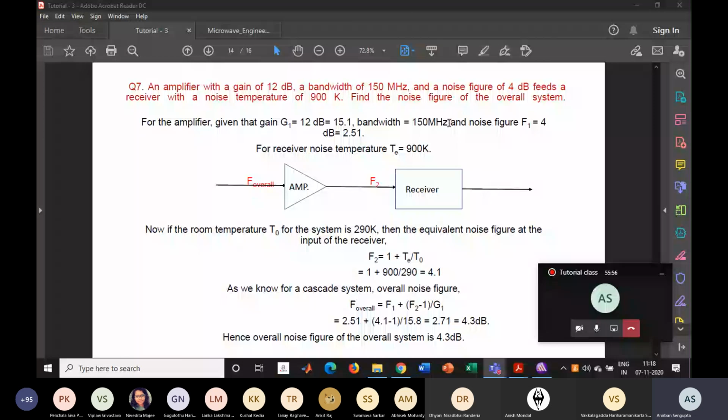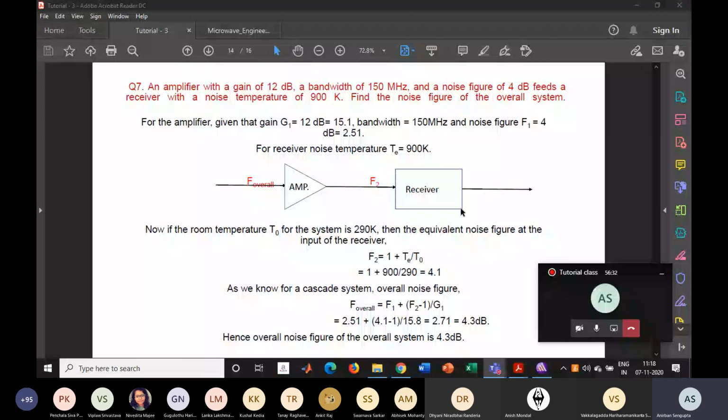If we take room temperature T naught as 27 degrees centigrade, which in Kelvin is 290 K, then the noise figure at the input side of this receiver, F2, is 1 plus Te by T naught. Te is the effective noise temperature of the receiver and T naught is the room temperature. You will find F2 as 4.1.